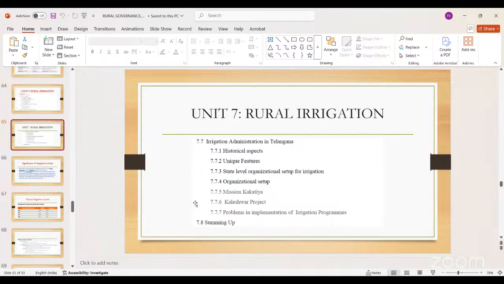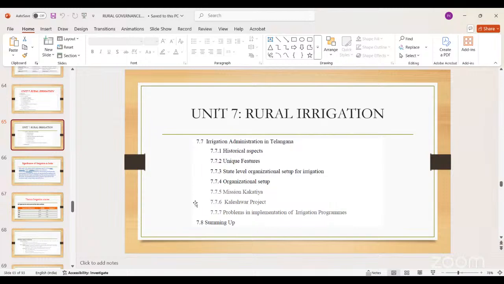This Mission Kakatiya program was inaugurated in 2015 at Sadashivapet in Nizamabad district. The name Mission Kakatiya is a tribute to the Kakatiya rulers who developed a large number of chain tanks across Telangana for agriculture. It is basically a program for restoring all the minor irrigation tanks and lakes in the Telangana state of India, and it helps in rejuvenating more than 46,000 tanks and lakes.